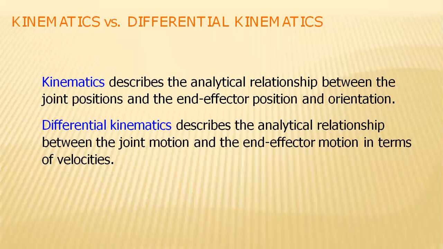But in the case of differential kinematics, it specifies the relationship of joint motion, how many degrees it needs to be rotated or revolved, how many units it should be slid in a prismatic joint along either of the axes, positive or negative x, y, z, and compares it with the end effector motion in terms of velocities.